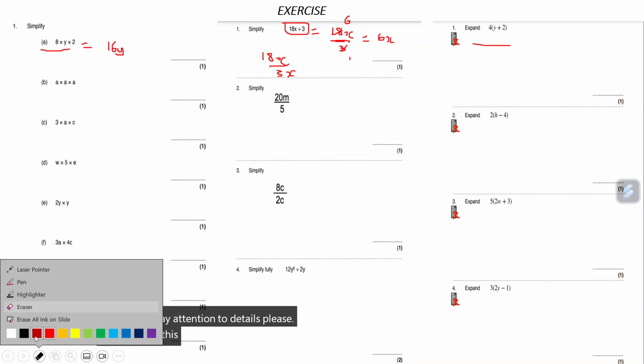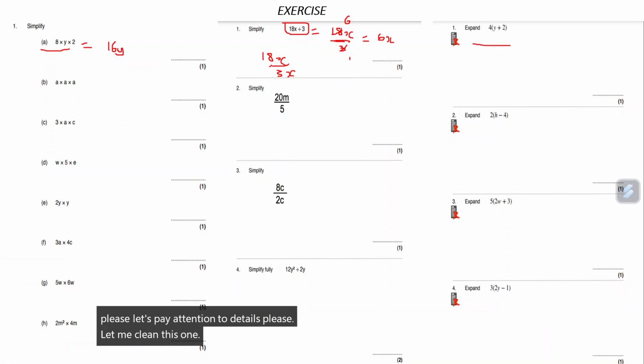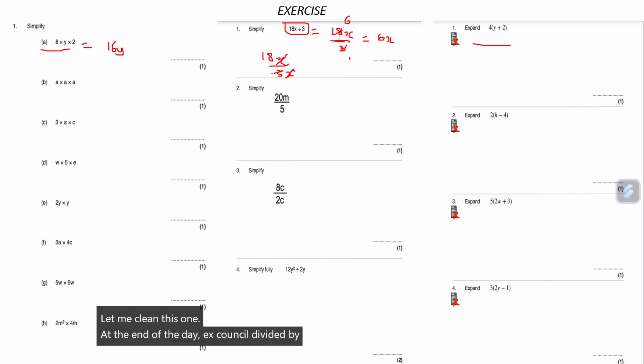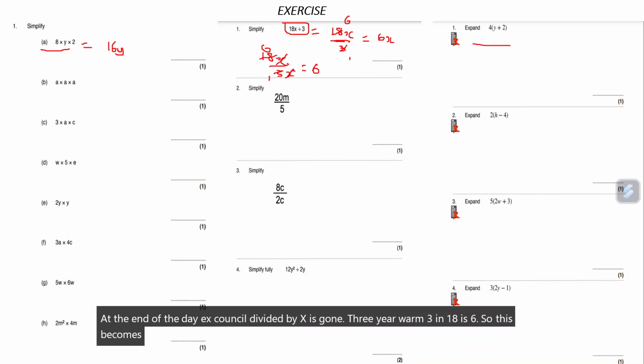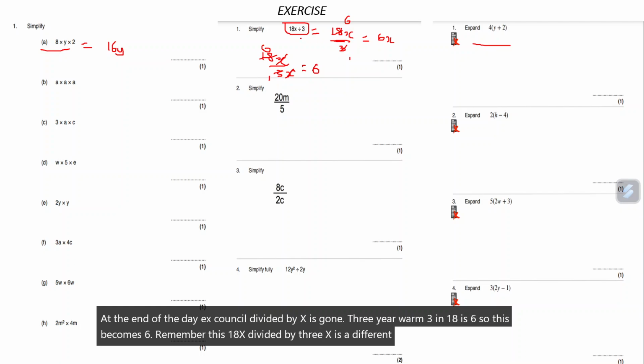At the end of the day, x divided by x is gone. 3 here is 1, 3 in 18 is 6. So this becomes 6. Remember, this 18x divided by 3x is a different scenario from 18x divided by 3.